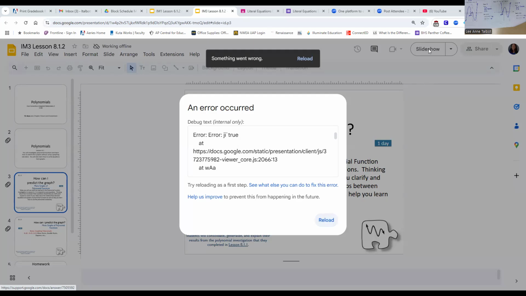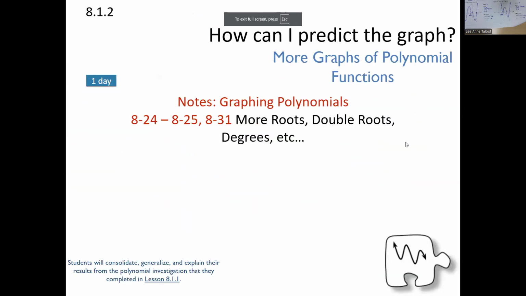Okay. Today we're going to write down what we learned yesterday with the double root, triple root business. And then a couple of people, I was really impressed. Yesterday, some people came over and asked me, how do you know if you start at the top or if you start at the bottom when you're drawing the curve, if you don't have Desmos or your graphing calculator?